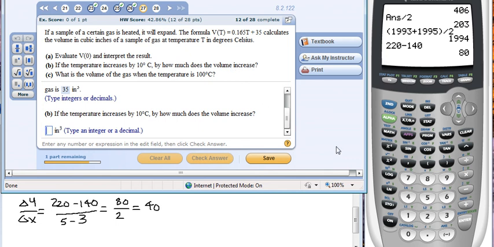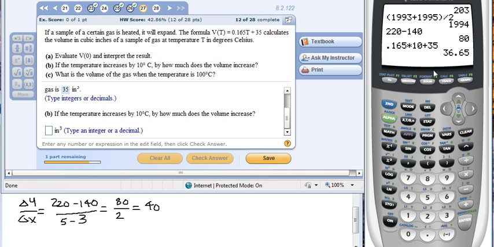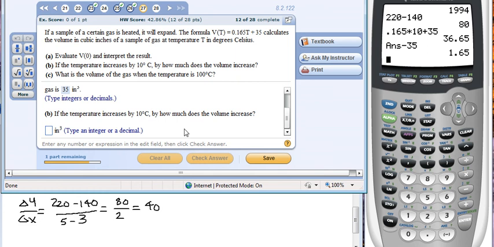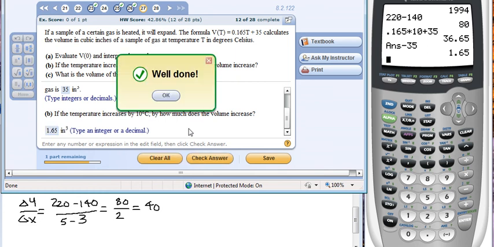It increases by 10, so we've got 0.165 times 10 plus 35. It goes up to 36.65. Okay? It was at 35. So we're going to have to take the difference between those. Certainly don't need a calculator for that. Okay, the volume increase is the difference between those two. It's not the volume, it wants the volume increase. Okay?